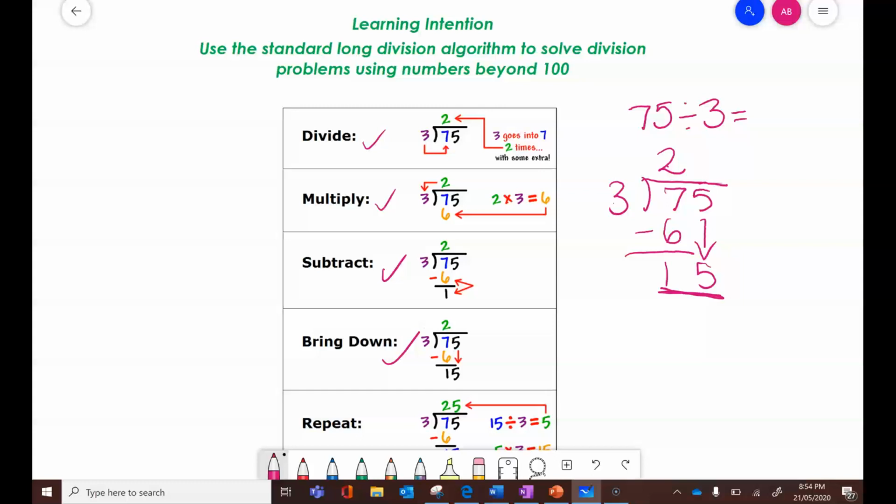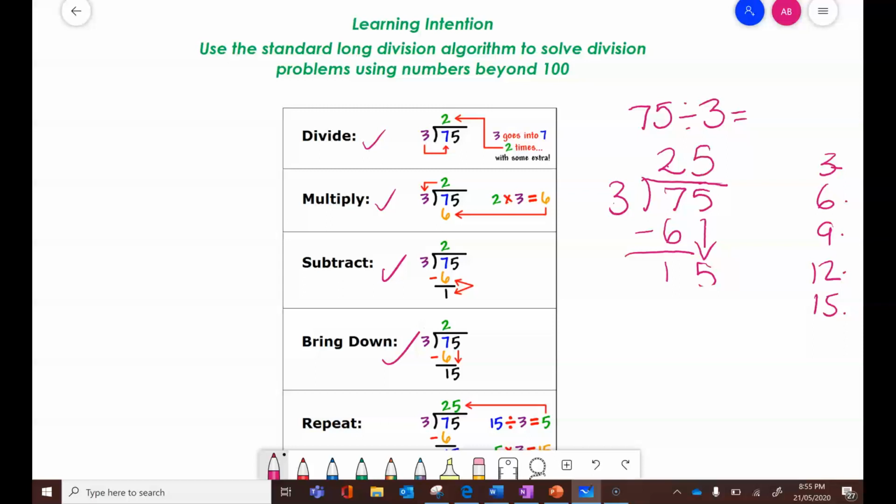So I'm going to look at that number and go, how many times does 3 go into 15? So I'll do my skip counting. 3, 6, 9, 12, 15. How many sets of 3 is that? 1, 2, 3, 4, 5. So that's 5 sets of 3. So I put my 5 up here.